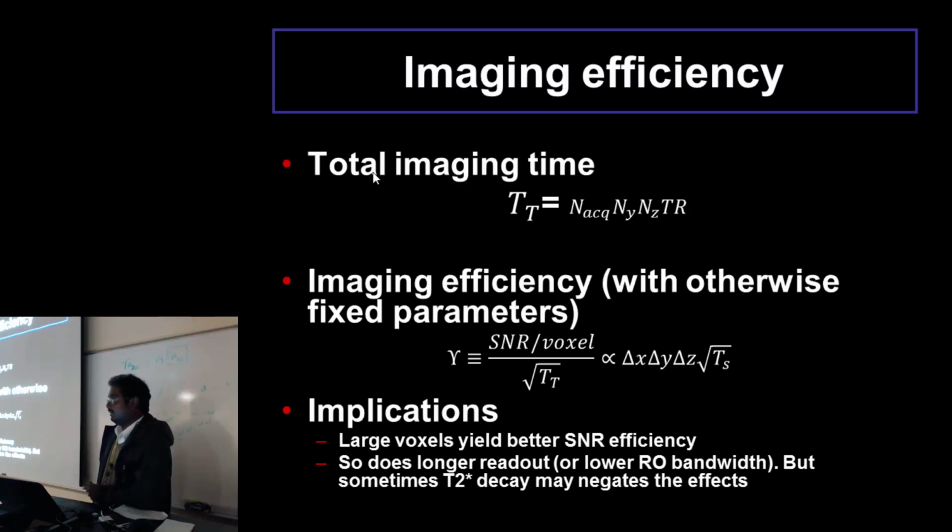For example, let's consider the situation where you want to do a short TR experiment versus a long TR experiment, or a short TR experiment with multiple averages. So look at this expression. You can reduce your number of acquisitions to 1, and you reduce your TR down by 2. Let's say your signal doesn't quite go to half.